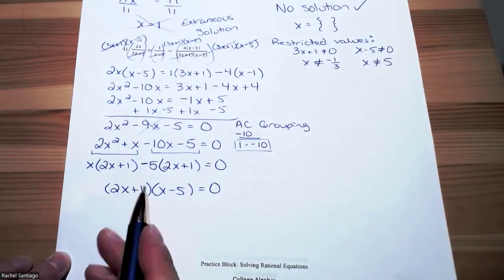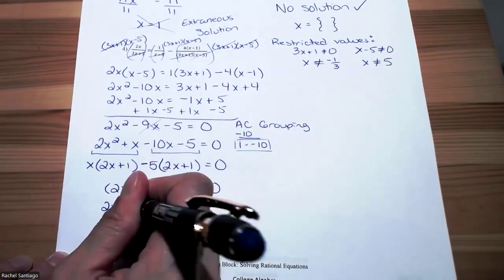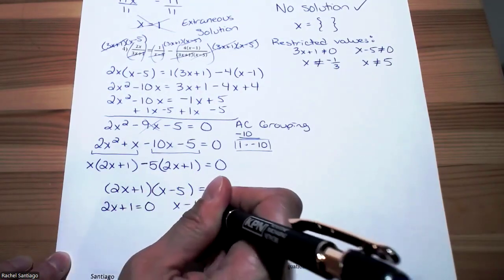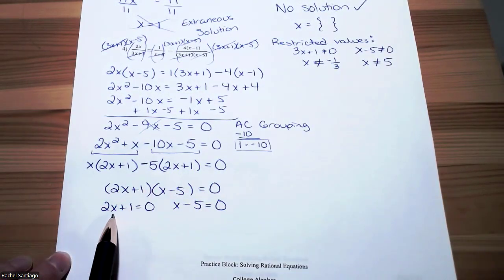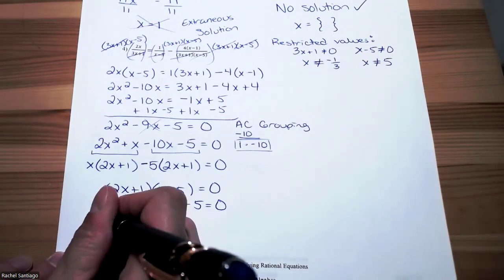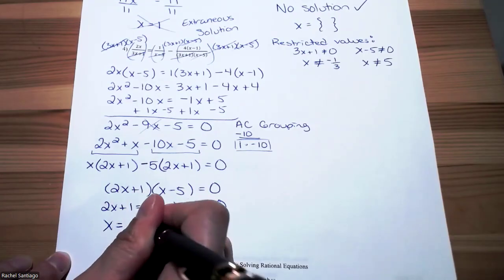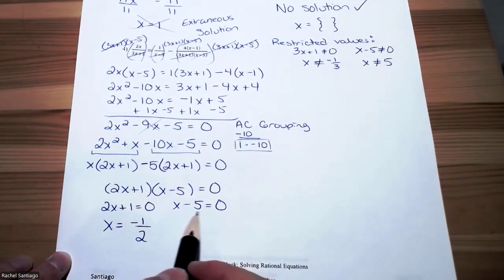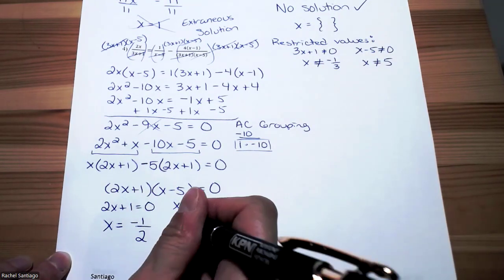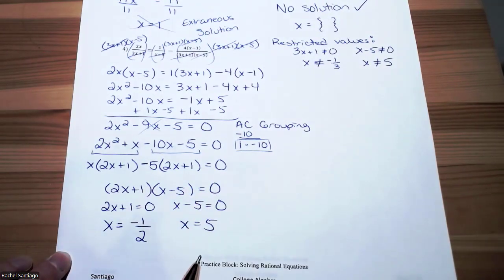Let's go ahead and solve. Set each factor containing a variable equal to 0 and solve. To solve 2x plus 1 equals 0, we subtract 1, then divide by 2. So we get that x is equal to negative 1/2. For my second equation, I add 5. X is equal to 5.